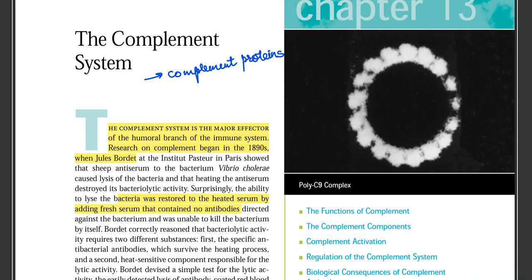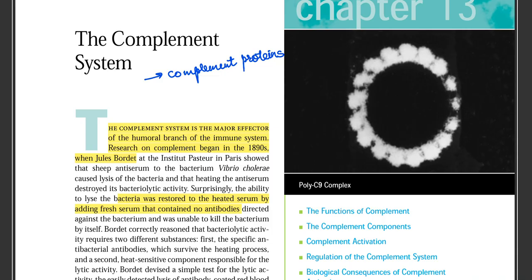Jules Bordet was working on sheep's antiserum, and this antiserum was causing the lysis of the bacteria Vibrio cholerae. When the antiserum was heated, it became ineffective and was not able to lyse the bacteria.